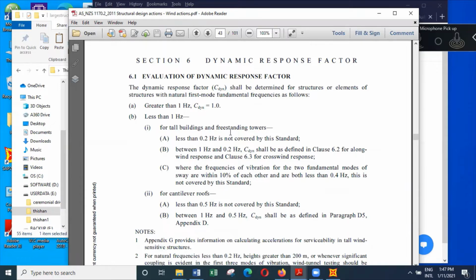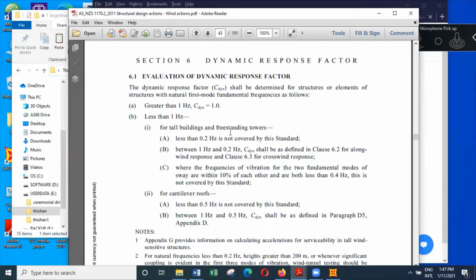A natural frequency of 0.2 means a natural period of 5 seconds, and you will have a natural period of about 5 seconds only for a building having about 40 stories.